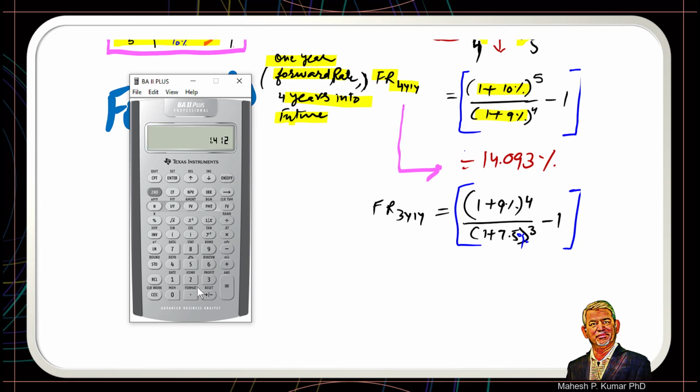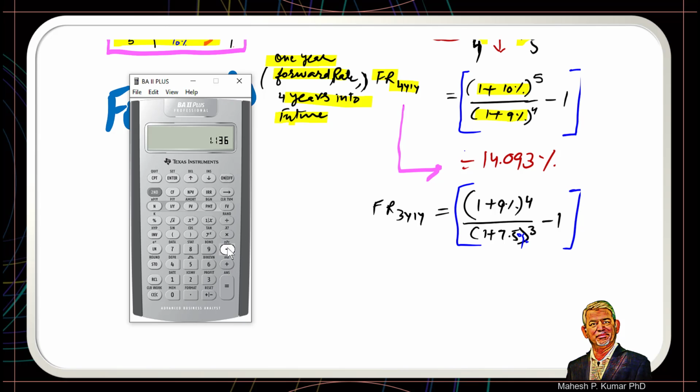And then we will do the denominator, 1.075, y exponent x 3 is equal to. We will store it in the second memory slot, and then we will clear it. Recall 1 divided by recall 2.